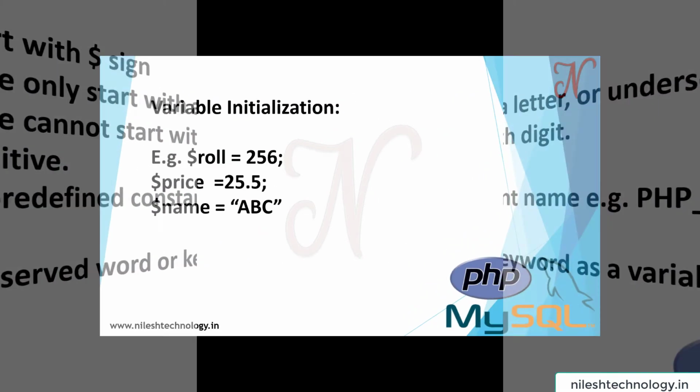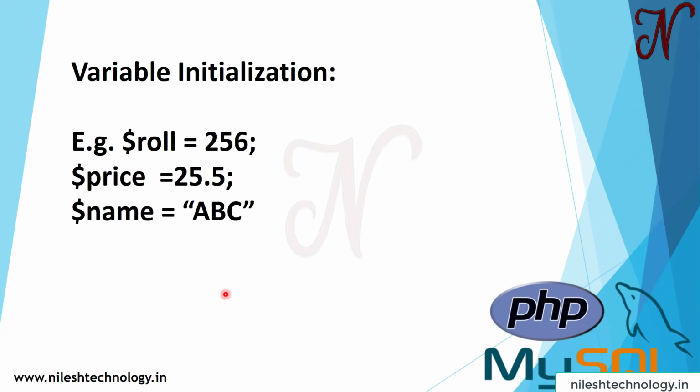Then see variable initialization. Every variable is assigned one value, which can be of different data types like integer, float, string, boolean, array, etc. There is no need to define the data type before every variable. This is the main advantage of PHP.